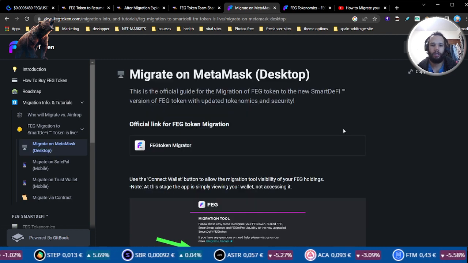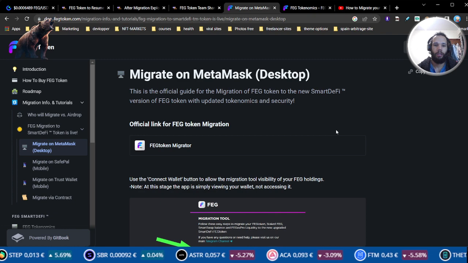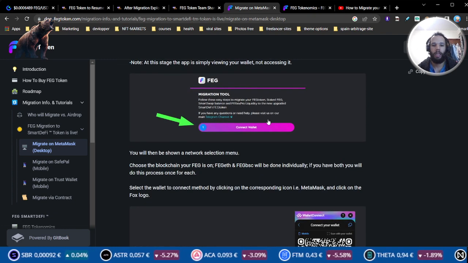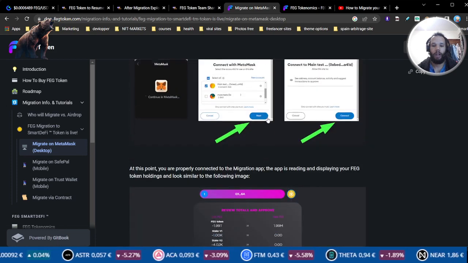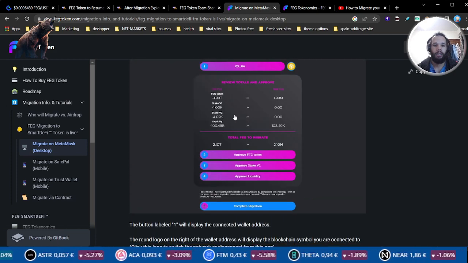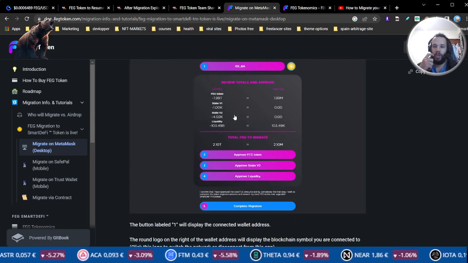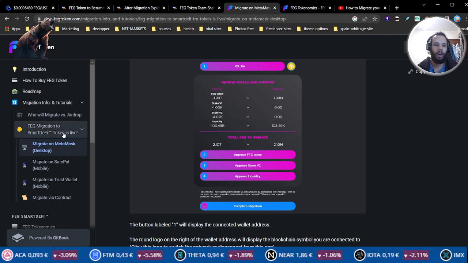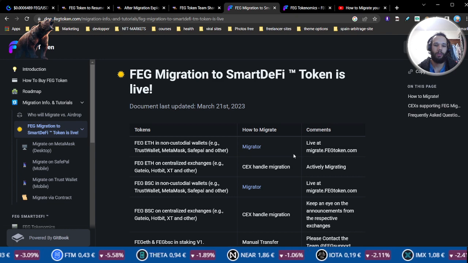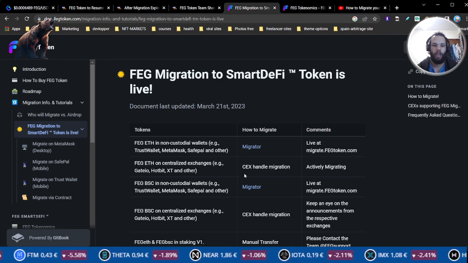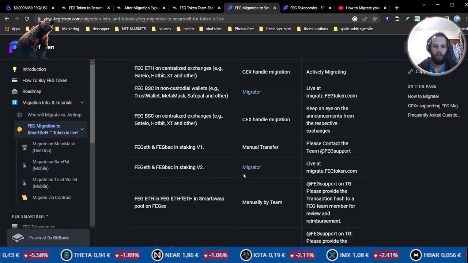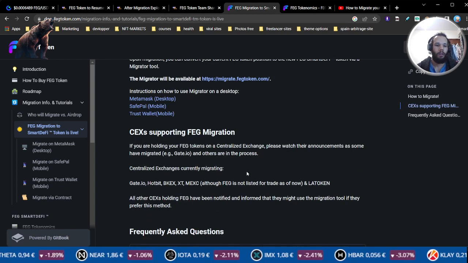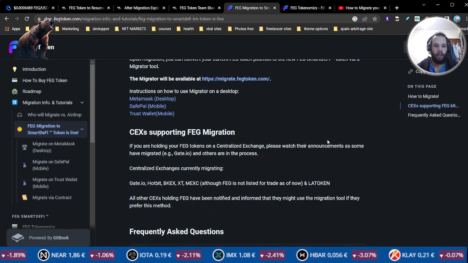For people who want to migrate on a desktop MetaMask wallet, here is also how you can do it. Whatever wallet or non-custodial wallet you have, and you're asking how to do the swap, it's here and really documented with screenshots and everything, so you don't lose your way on how to do it. All right, let's move on to the next.